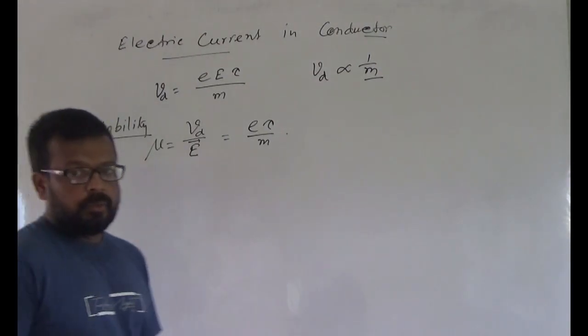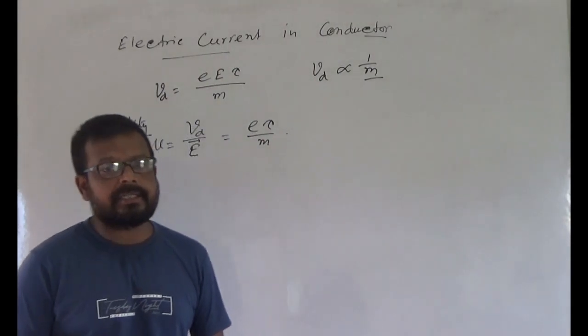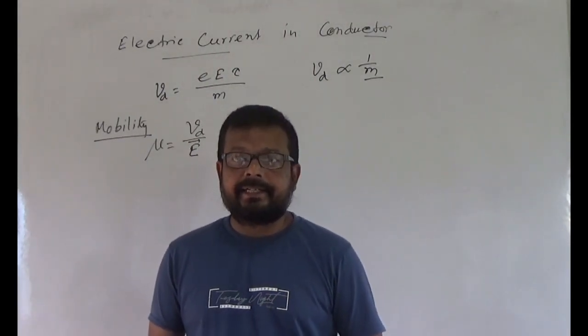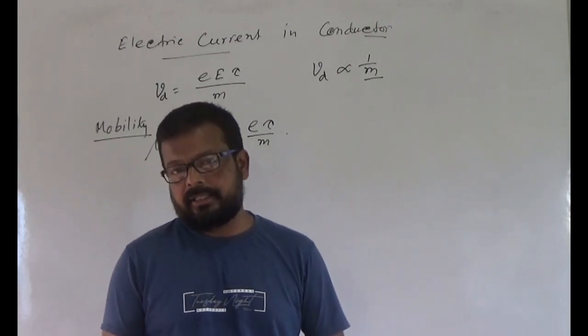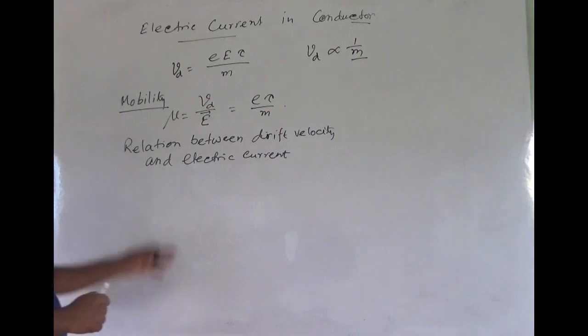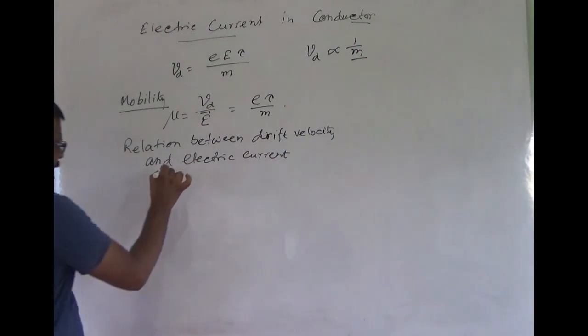Now we are going to establish a relation between electric current and drift velocity in a metallic conductor. Relation between drift velocity and electric current.